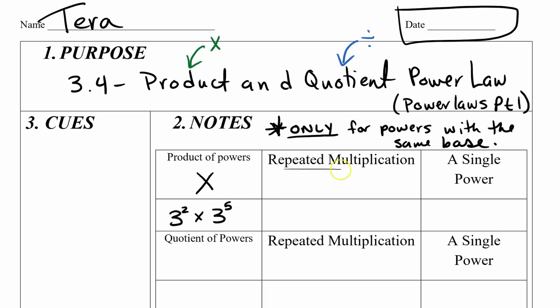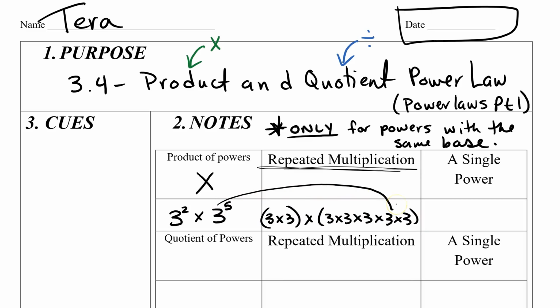Now if I were to write this out in repeated multiplication, I would just say 3 times 3, okay, that's the same thing as 3 squared, times 3 times 3 times 3 times 3 times 3. That's the same thing as our 3 to the power of 5. So let's see how many we have here.